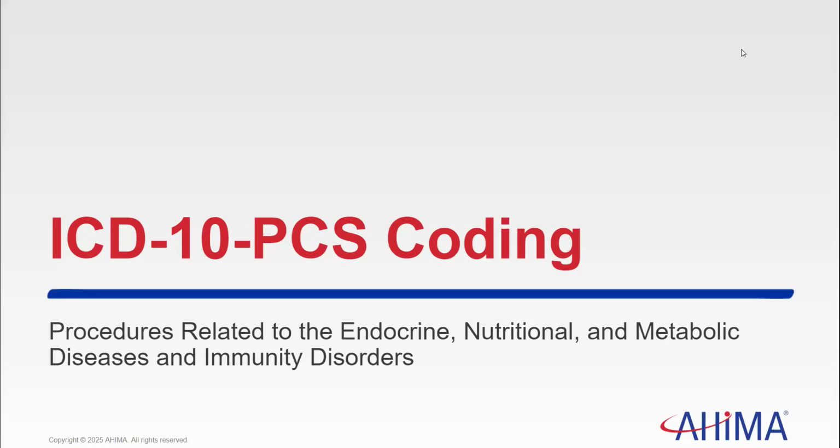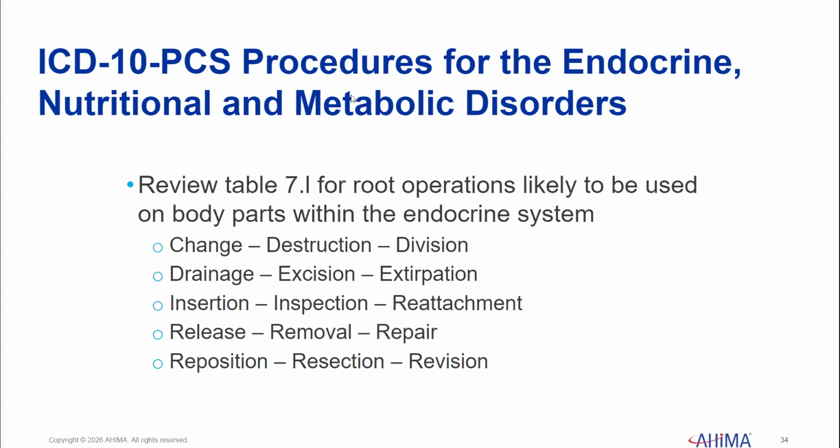Okay, so we're talking about procedures related to the endocrine, nutritional, metabolic, and immunity disorders. There were a few more than what we saw with blood and blood-forming organs. What you may want to do before you dive into everything else is to review Table 7.1.